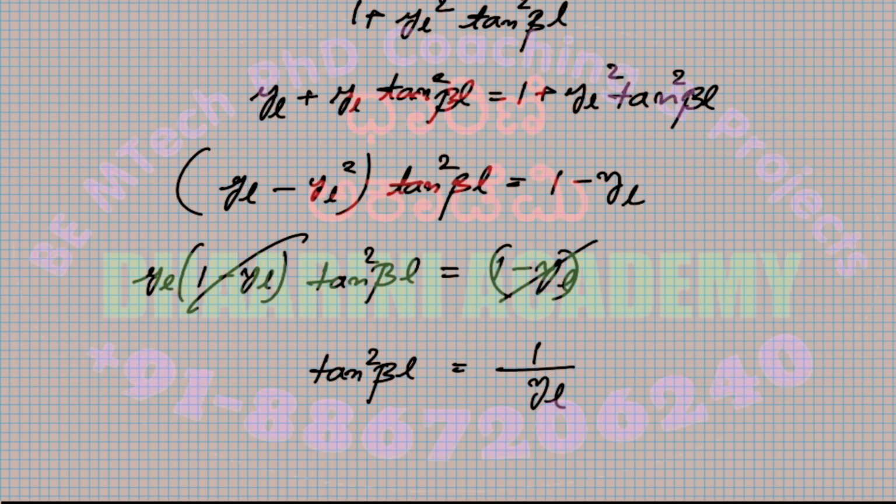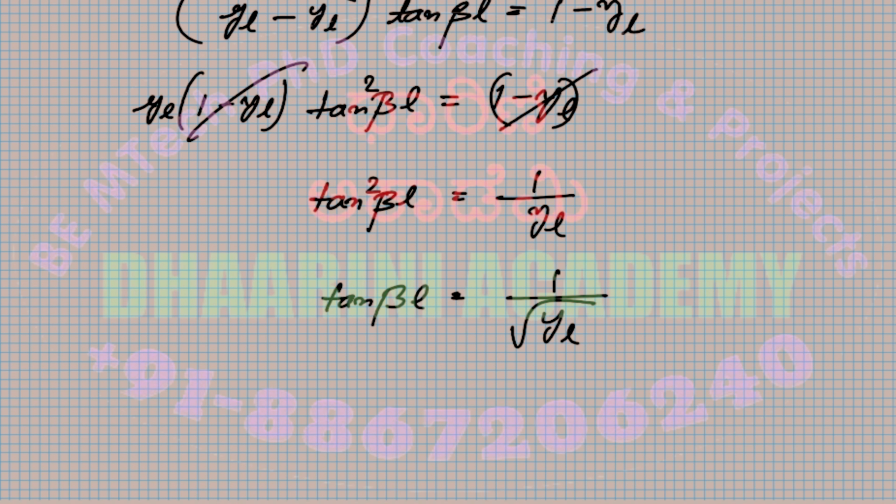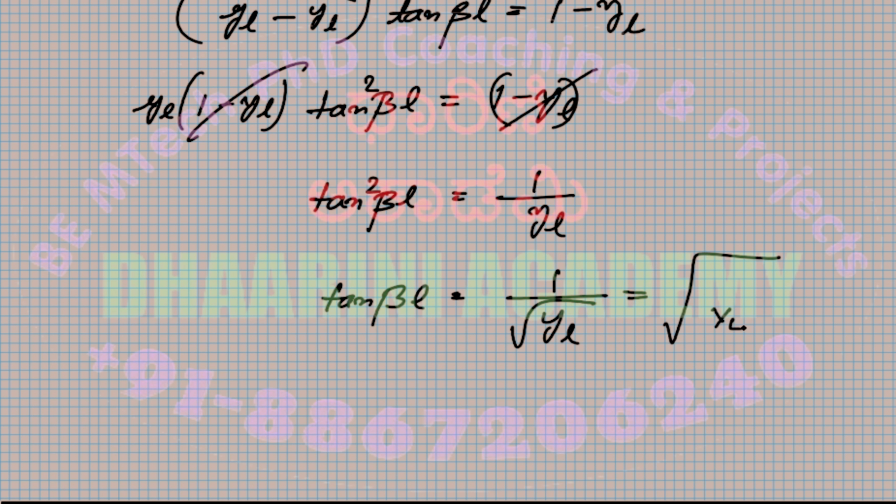Right? So let's move further. What is tan beta L? 1 by root YL. Is it okay? 1 by root YL is nothing but square root of capital YL by Y naught.